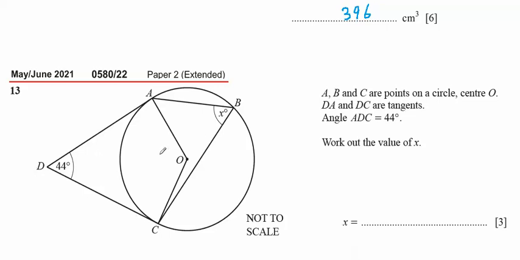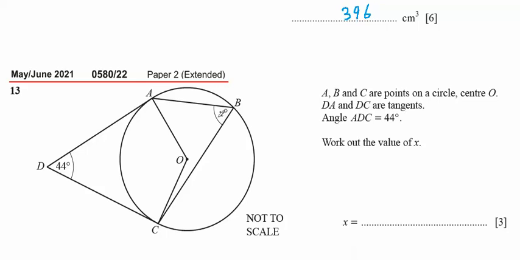We call them common tangents from a point outside the circle. Okay. So angle at the point D by these two tangents is 44 degrees. Work out the value of x. So this x we have to find. It is 3 marks. So remember, there is no direct relation between this angle and this angle.